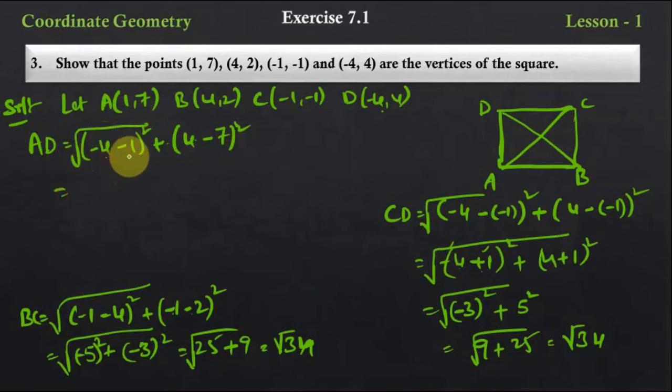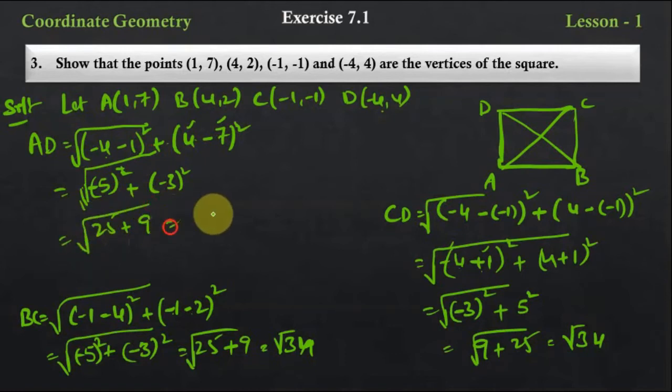So minus 4 minus 1, total minus 5, whole square. Plus 4 minus 7, so we should subtract. 7 minus 4 is 3, but the bigger number's sign, that is minus 3, whole square. Again under root, 5 square is 25 plus 3 square is 9, under root. Again I'll get square root of 34.